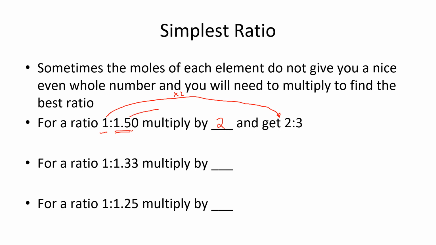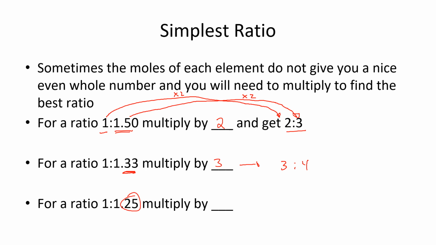And then 1.5 times 2 gets you to 3. So then you've got yourself a whole number ratio rather than having fractions or decimals. If you got something in the 0.3 range, you can multiply by 3 and you will get 3 to 4 as your ratio.